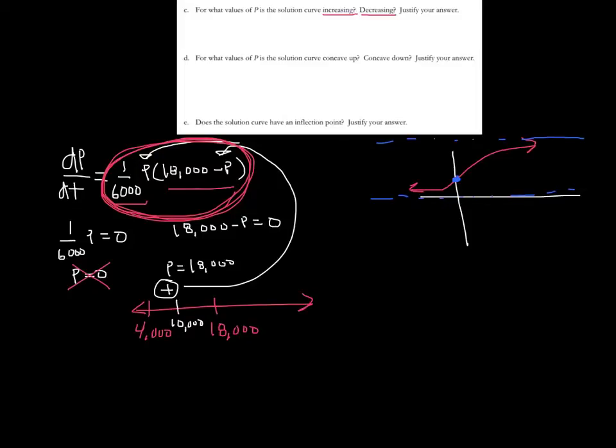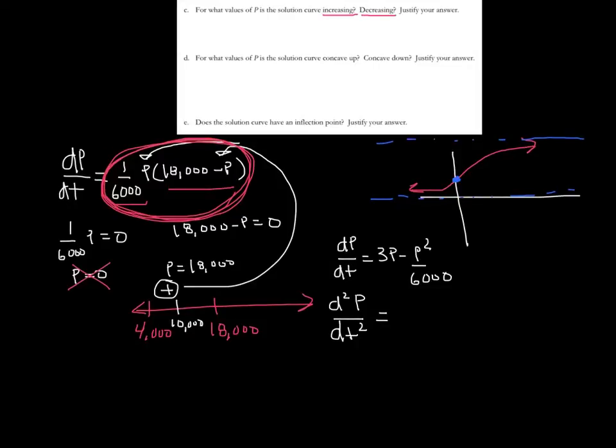that it says dp/dt is equal to 3p minus p squared over 6,000. Okay, I'm going to take the derivative of that. This is the second derivative notation, and I'm going to take the derivative with respect to p.